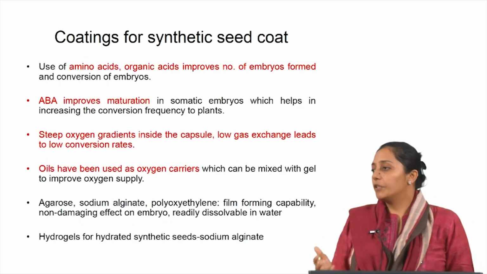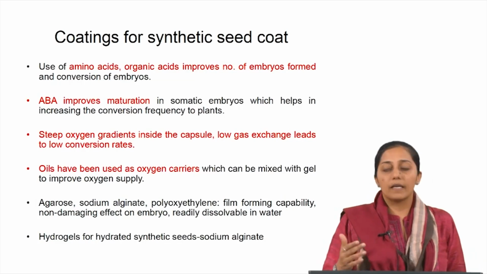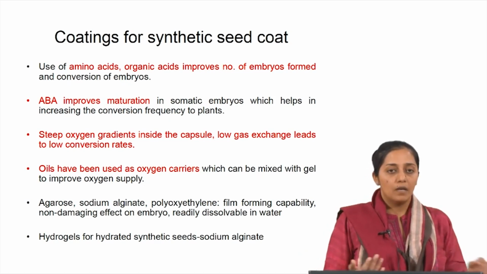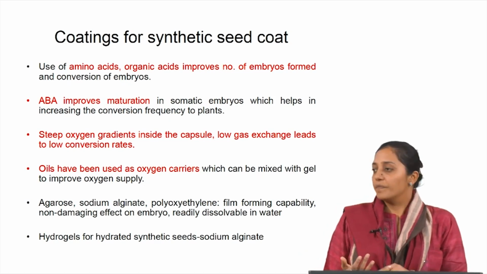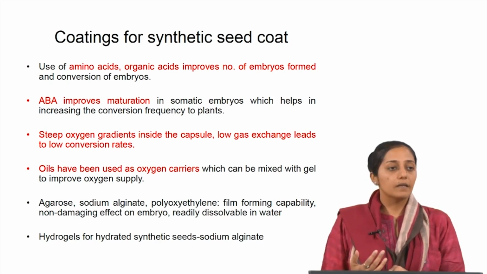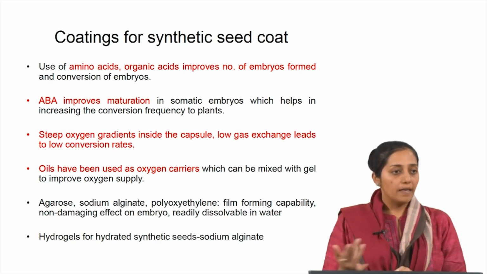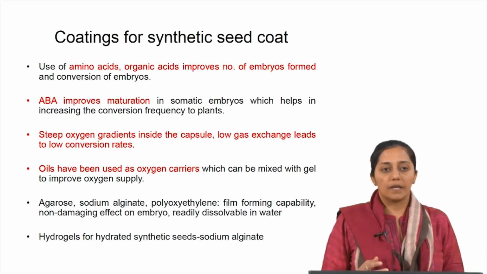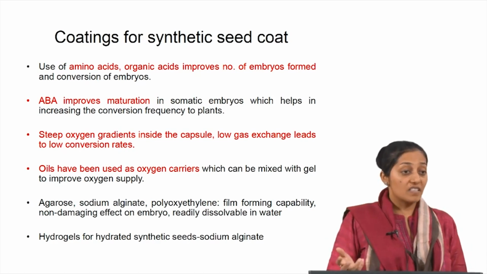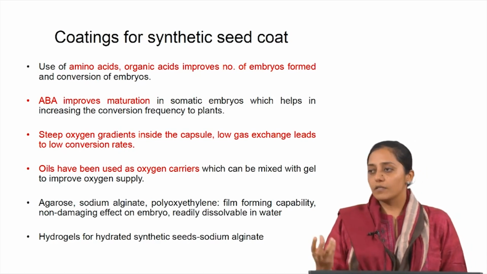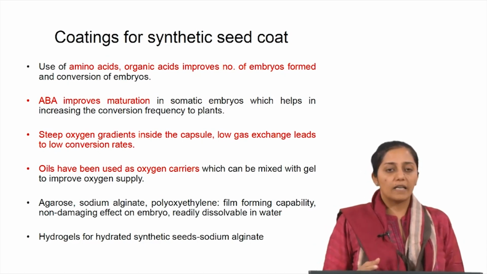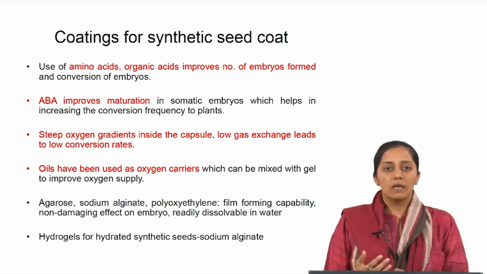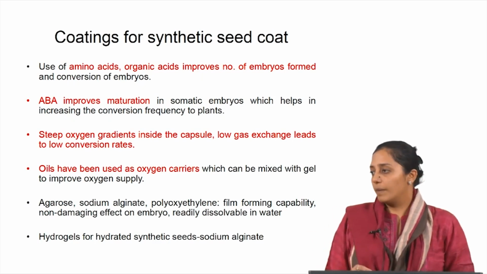So, what can be used to generate more somatic embryos or to increase their vigorousness? People have used amino acids and organic acids like aspartic acid and malic acid, in the form of salts, potassium malate or potassium aspartate, even succinate. These are called organic acids. Supplementing the media with these organic acids has helped in increasing the number of embryos generated and even the conversion of embryos.